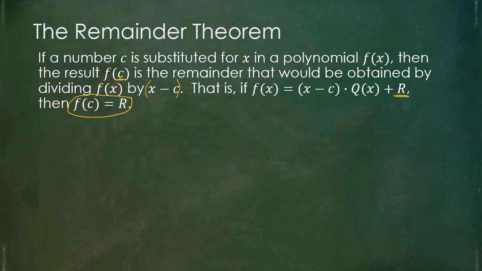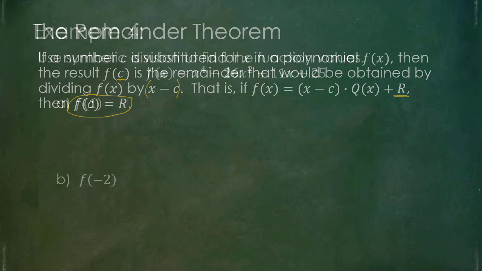Especially if it's a small number, it's usually easy to do mental math. It's just once that number gets too big for mental math that the remainder theorem kind of loses its moxie. But the next couple of examples are going to show how we could do this and what that truly would equate to.